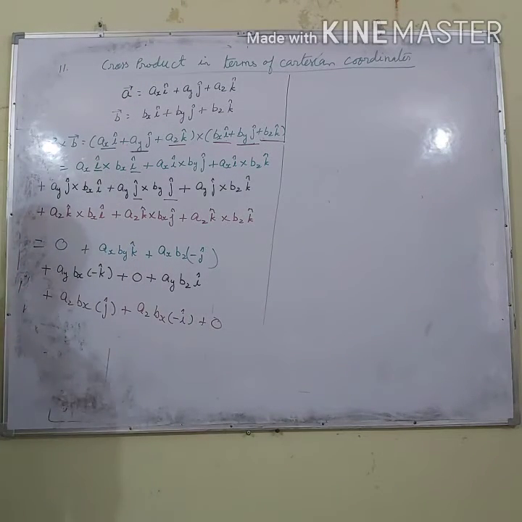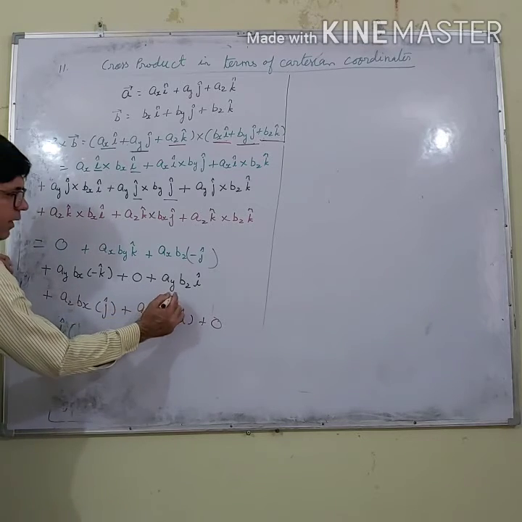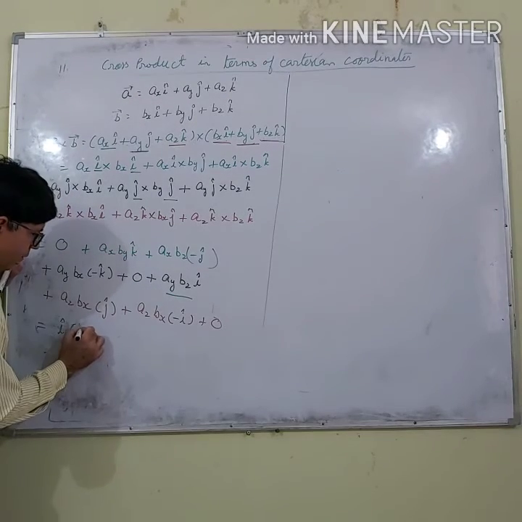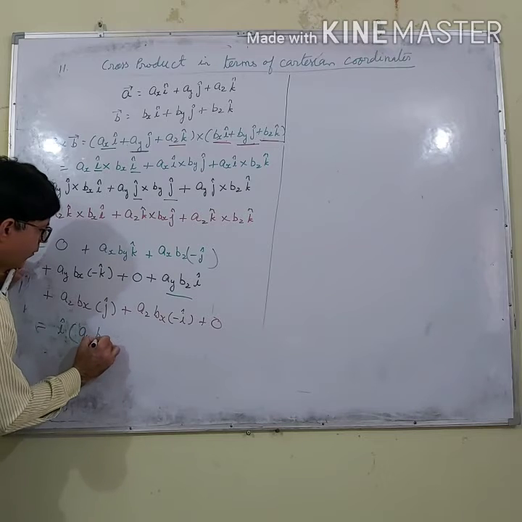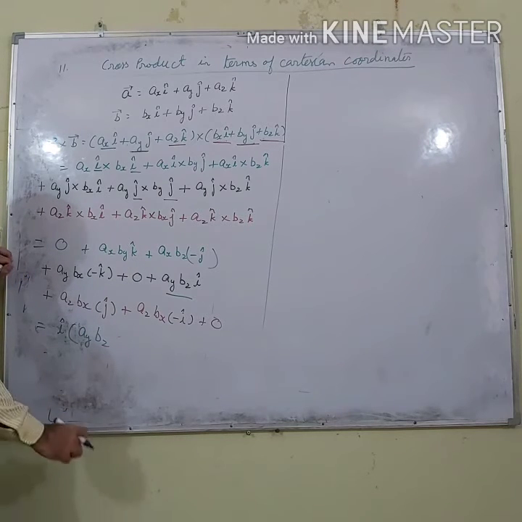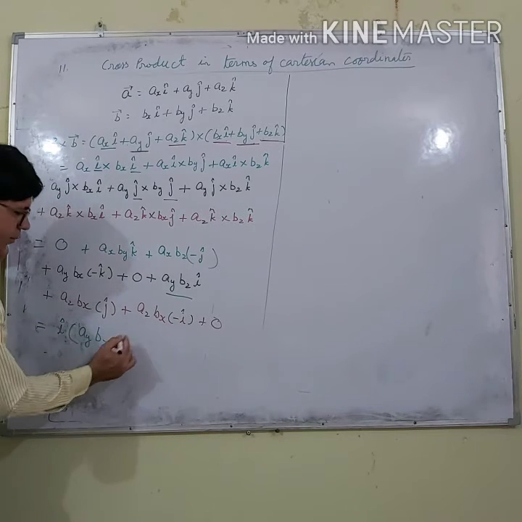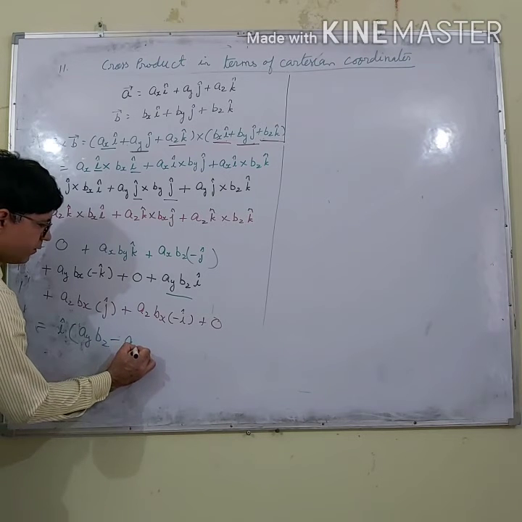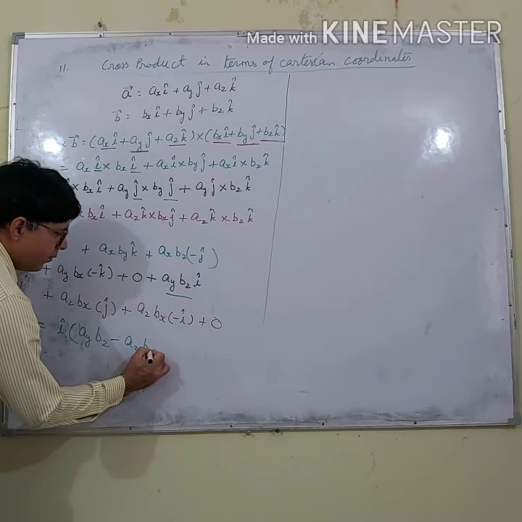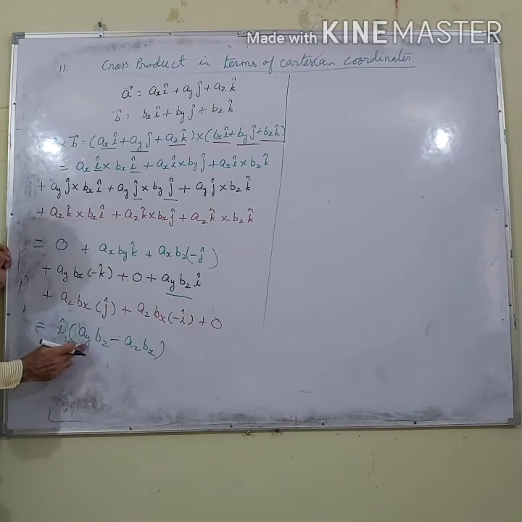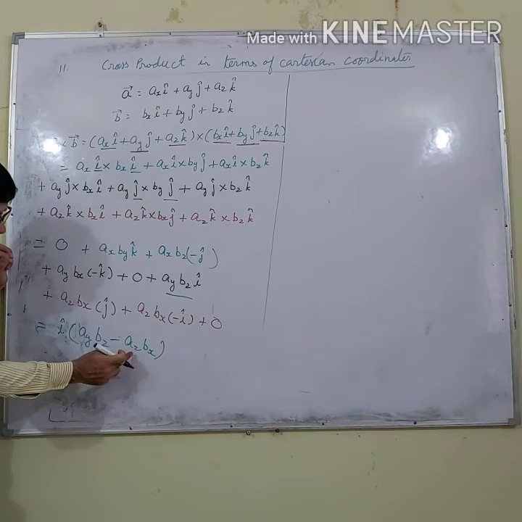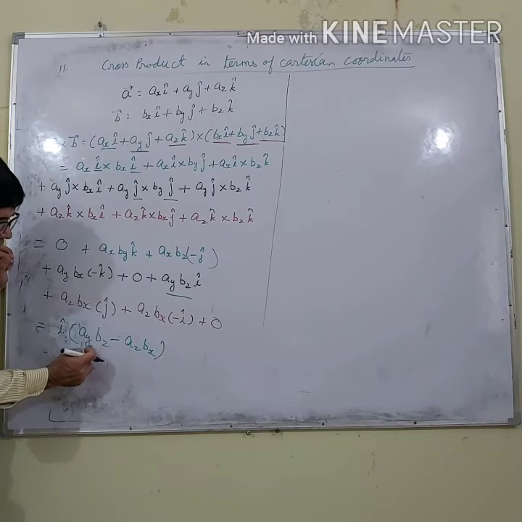So let us solve this. Now let us take i cap common. What is in i cap? A_y B_z, and again minus i cap, minus A_z B_y. If you look, y z are in sequence. Here only the subscripts are changed.